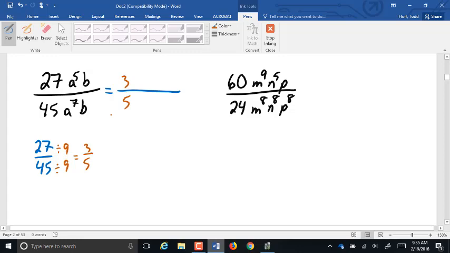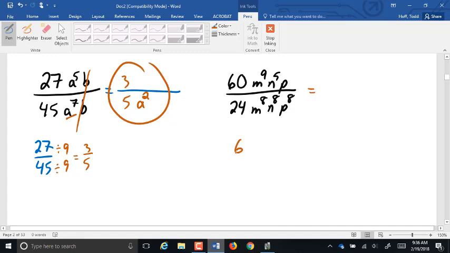How about our variables? Where's the a going to go? Bottom, and it will be a power of 2. Good. A to the 7th was the bigger power. 7 minus 5 is 2. B goes away. It cancels out, right? 1 minus 1 is 0. B to the 0 is nothing. So we just have 3 over 5a squared.